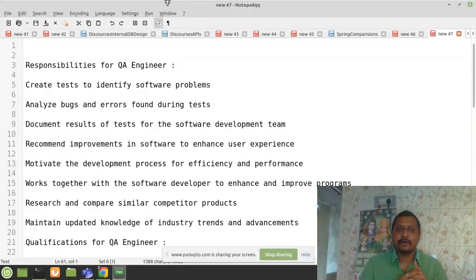That is one of the responsibilities of the QA engineer. And also the QA engineer has to be motivated to develop the process efficiently with good performance.